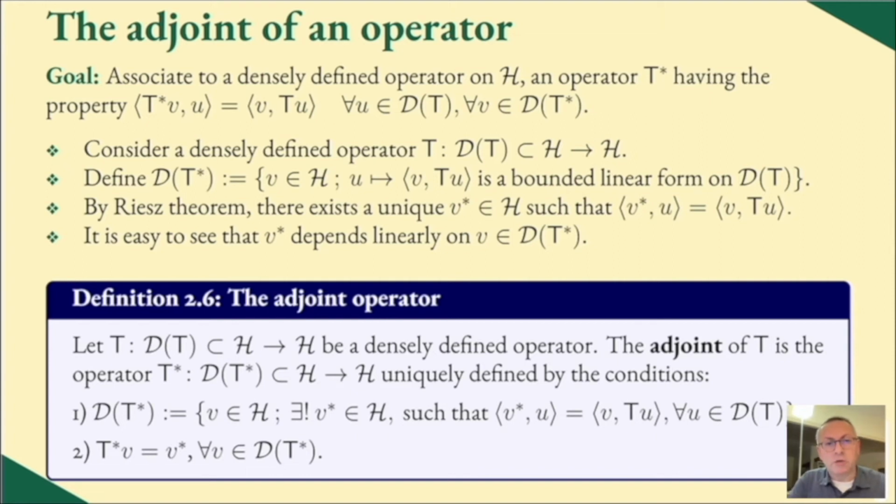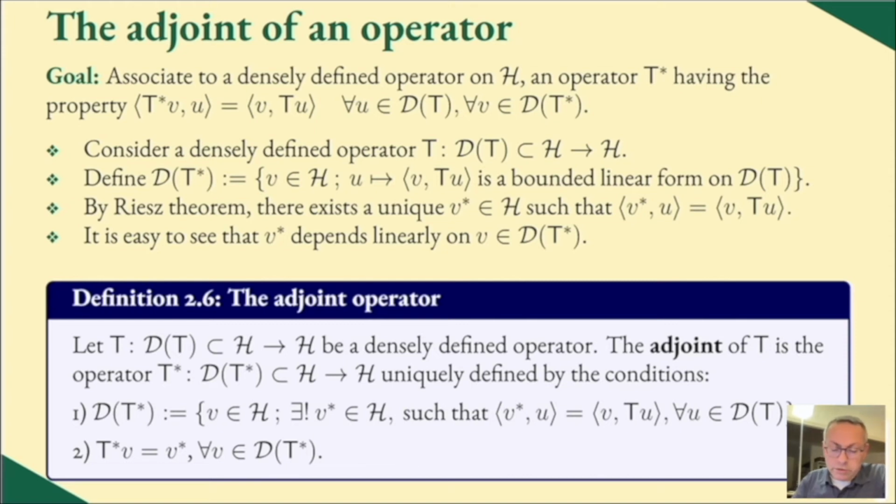Recall that the adjoint of a matrix in the complex case is the complex conjugate of the transpose matrix, right? Here, there is a little difficulty related to the fact that our operators are not defined on the full space, but still, it's not so difficult a concept.